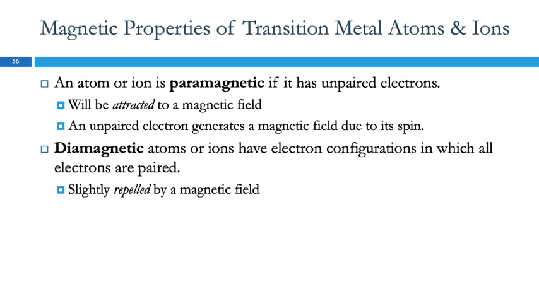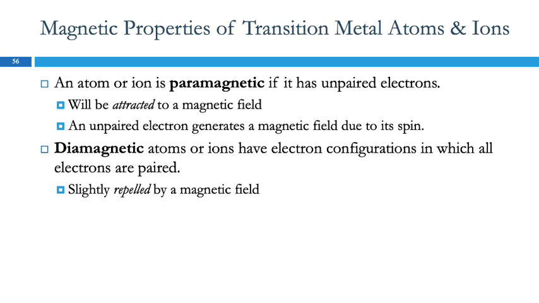Magnetic properties. Some atoms or ions will be attracted to a magnetic field and others will not. So an atom or ion is paramagnetic if it has unpaired electrons. Those unpaired electrons, they're spinning charges, those generate a magnetic field.